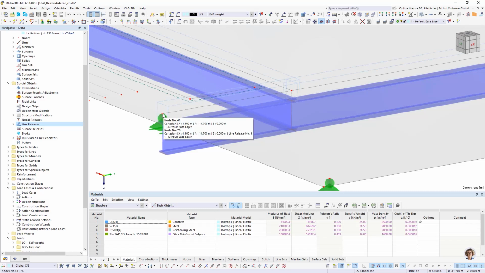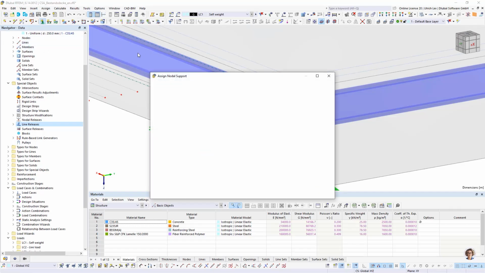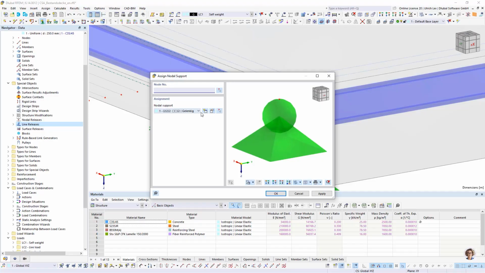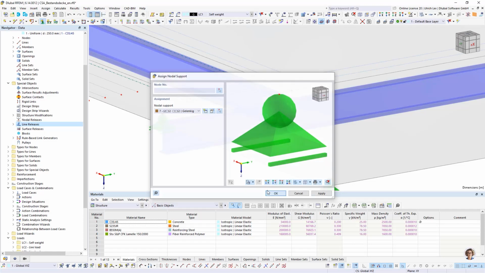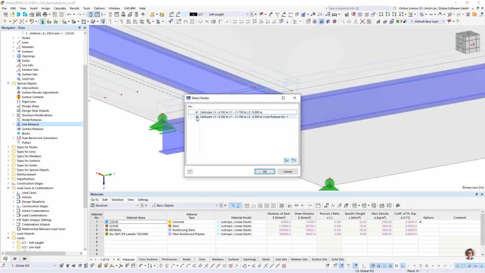Here I have to be careful, because when I want the support to act in stage 2 on the member node, then I have to create here an additional nodal support, and choose here the newly created node from the line release.